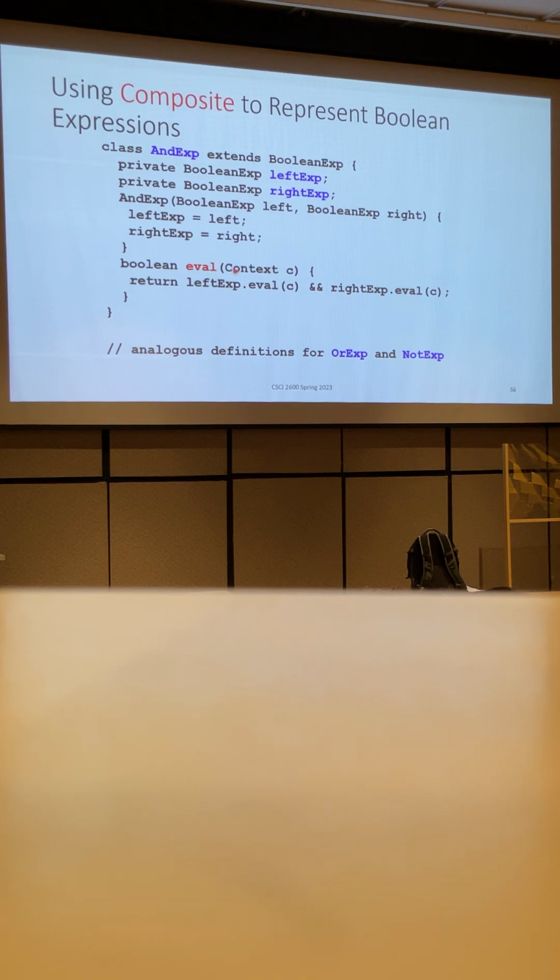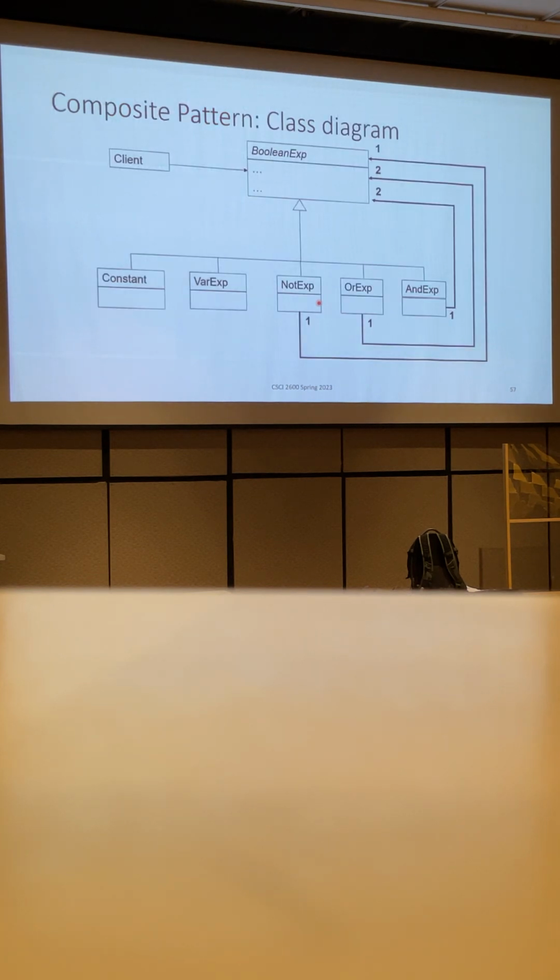Evaluating the and expression means that we have to evaluate the left expression first, and then the right expression, and then combine the two results with the Boolean and. And, or and not will have very similar implementations, so we skip them, but there's a Boolean demo project on GitHub that you can run.